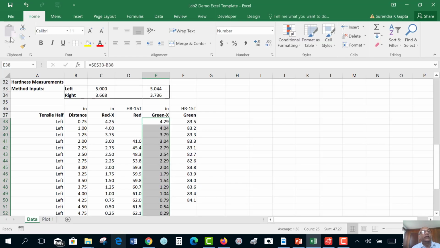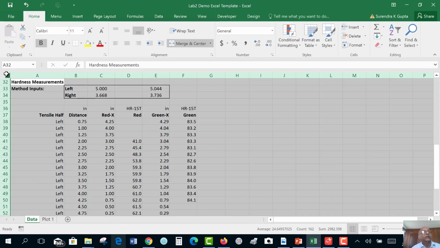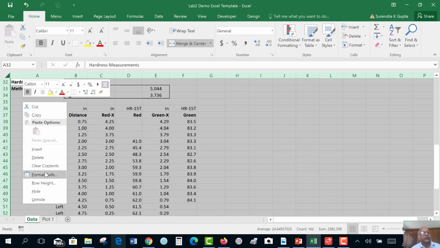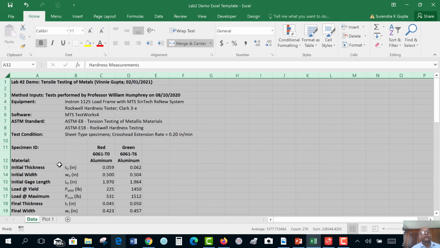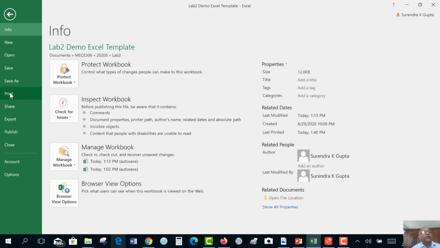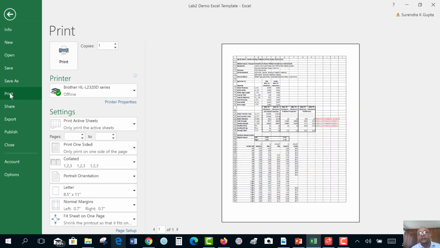So let's go unhide those rows. Let's check again. File, print. So everything fits one page nicely. So we are going to save.